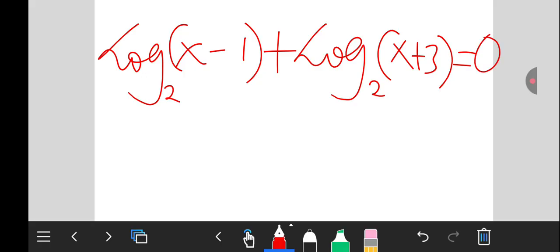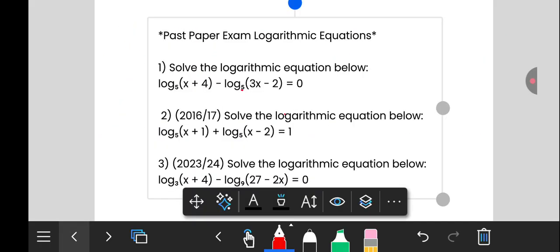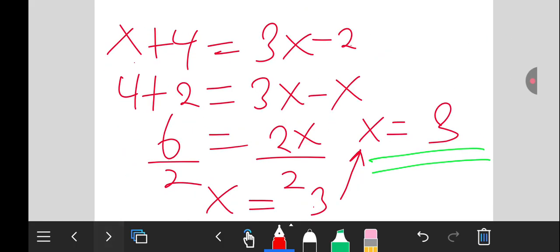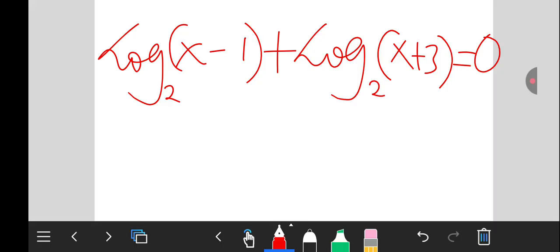Let me just check it out again. Okay, it's equal to 1, not 0.